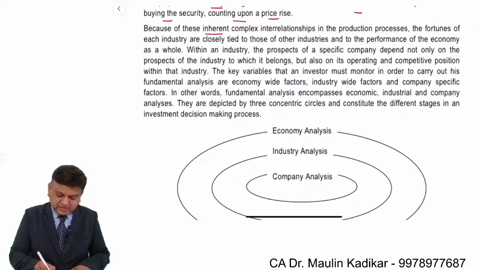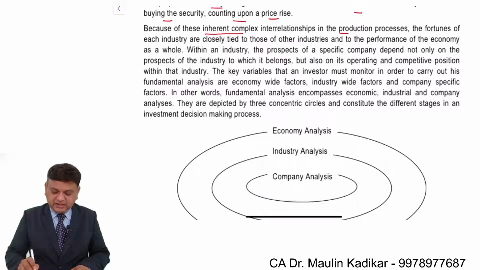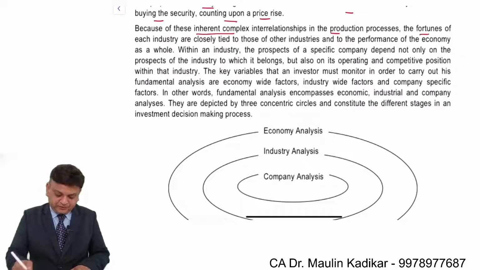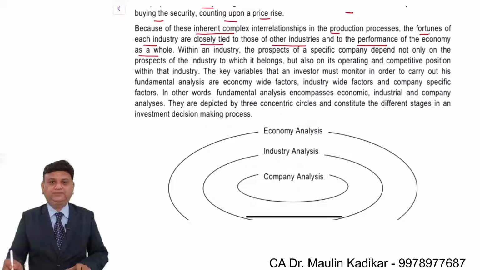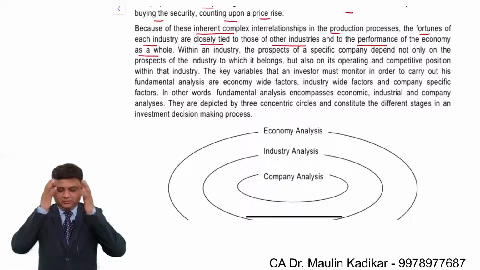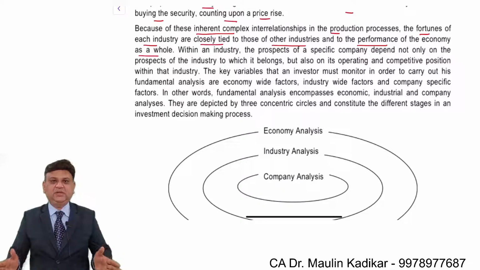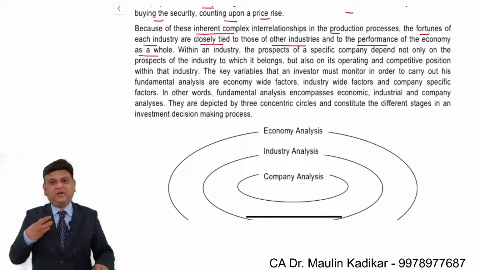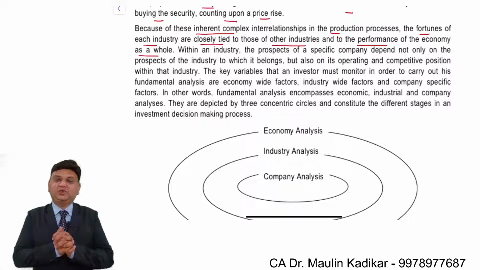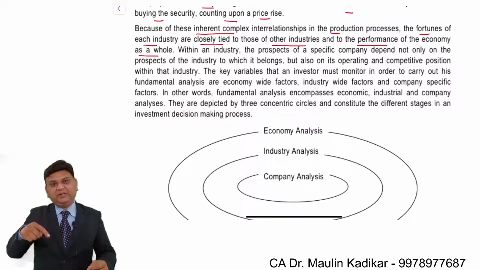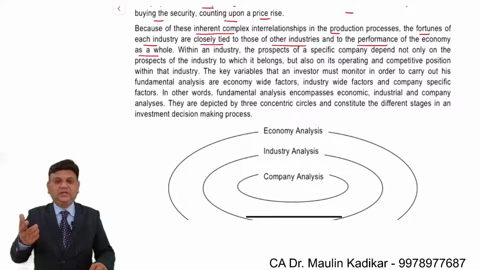Because of this inherent complex interrelationship in the production process, the fortunes of each industry are closely tied to the other industries and to the performance of the economy as a whole. So basically the point says something like this: for example, I am a company providing IT solutions. A logistics company requires IT solutions when it has a business.